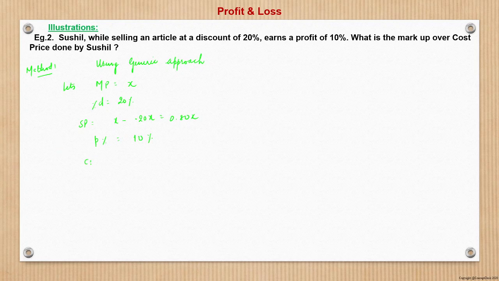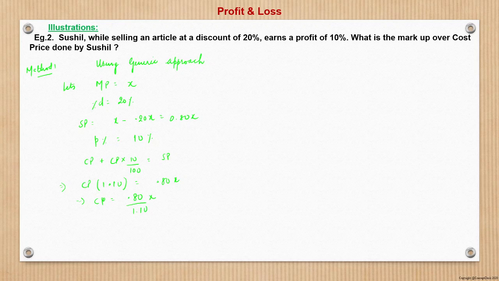So CP plus CP into 10 by 100 is equal to SP, which we can write as CP into 1.10 is equal to SP, which is 0.80X. So from here CP is equal to 0.80 upon 1.10 times X.